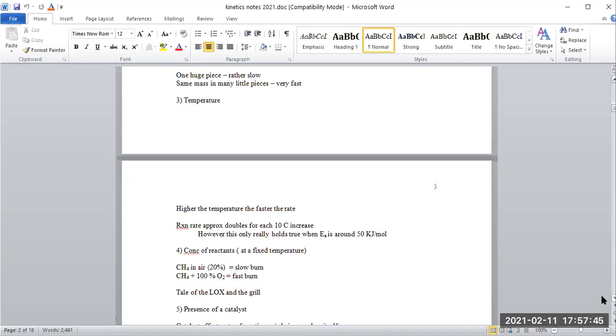LOX meaning liquid oxygen. One year, one of the teams acquired a liquid oxygen source. Now, liquid oxygen, like liquid hydrogen, is incredibly cold, but it's also incredibly pure.